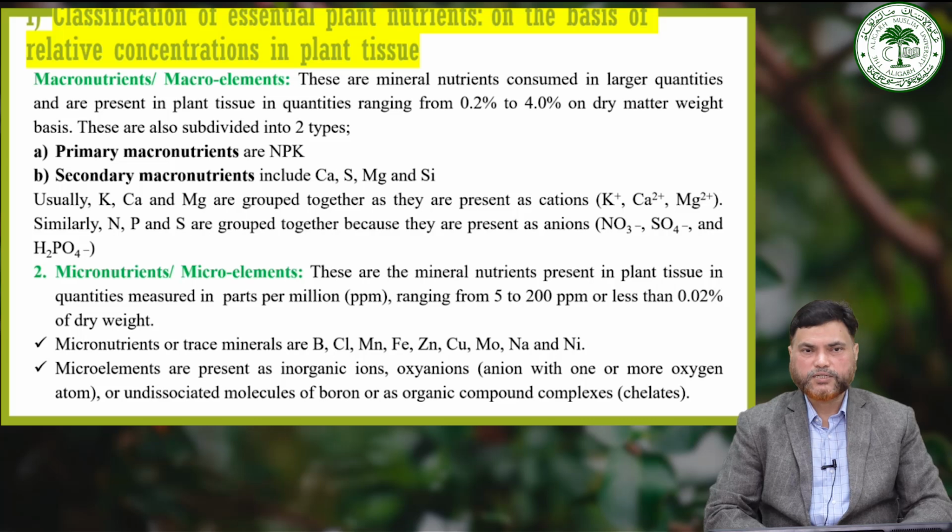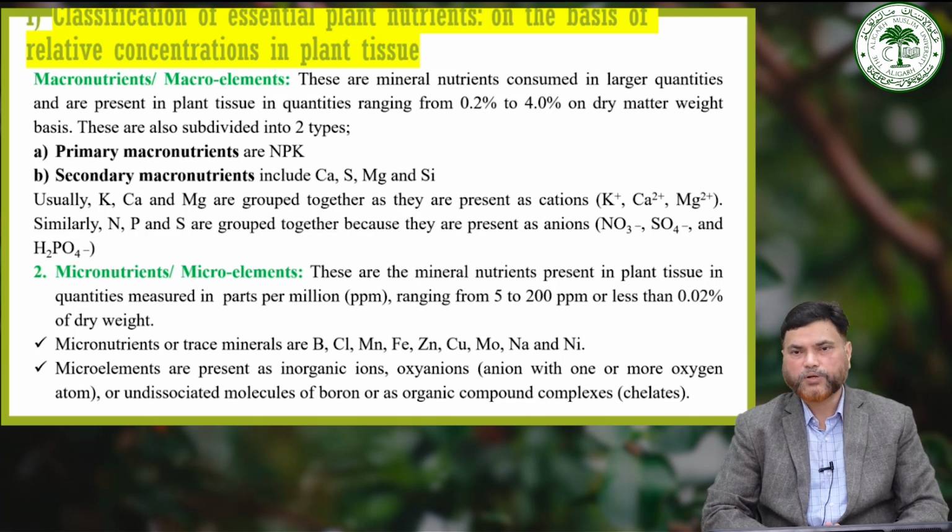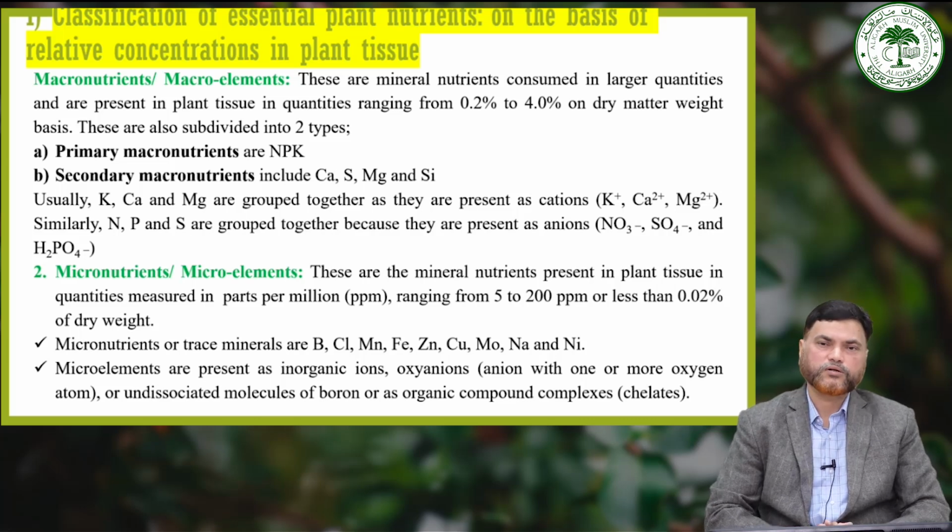Now, how these essential mineral elements are classified? So, the first criteria of classification of essential mineral elements is on the basis of relative concentration in the plant tissues. So, on the basis of relative concentration in plant tissues, all the essential mineral nutrients could be classified into two categories.